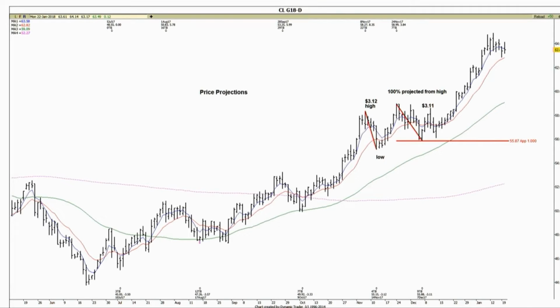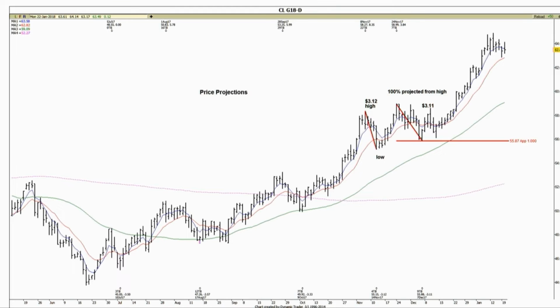All right, so here's an example of a projection in crude oil. This is a daily chart of crude. Basically took a prior high to low swing, projected 100% of that from the next high. So the prior high to low was $3.12. This high to low was $3.11. That's what I call symmetry. So symmetry is similarity or equality when comparing swings in the same direction.